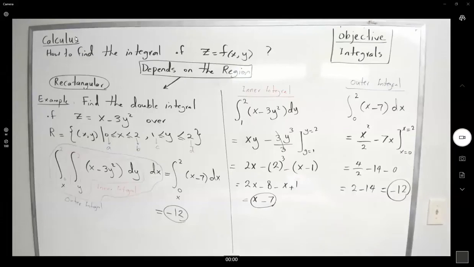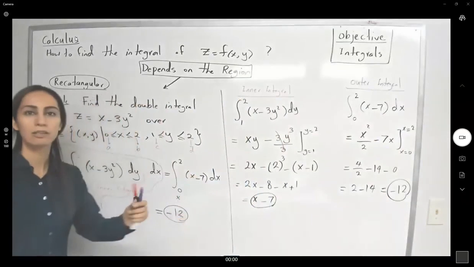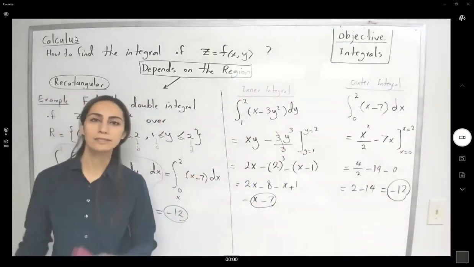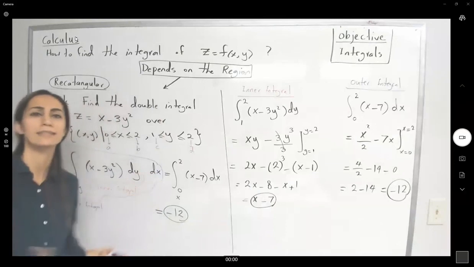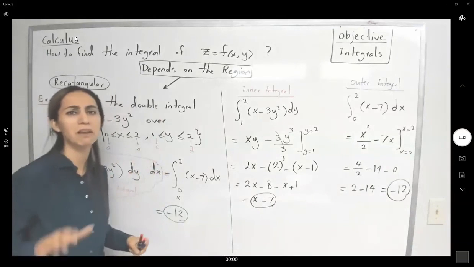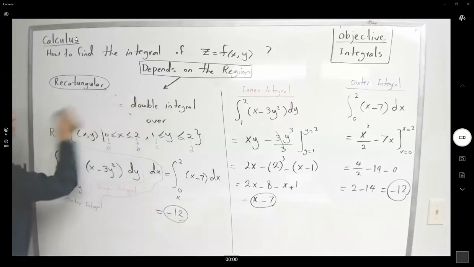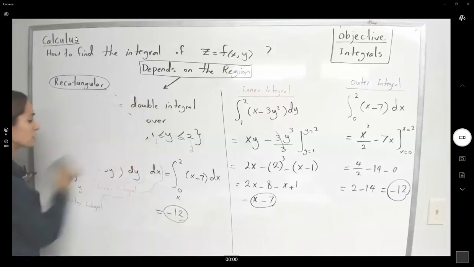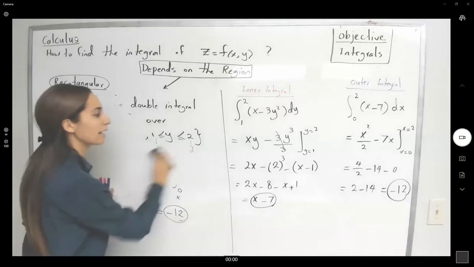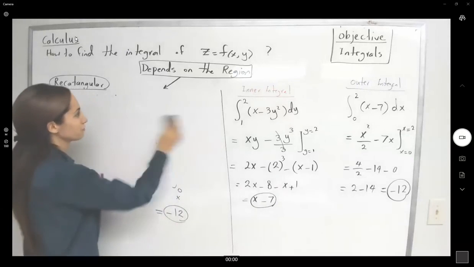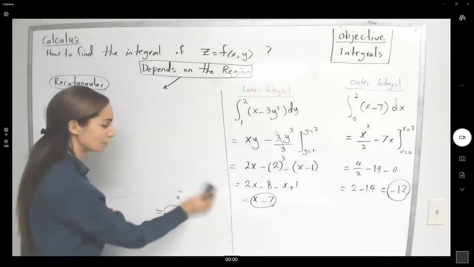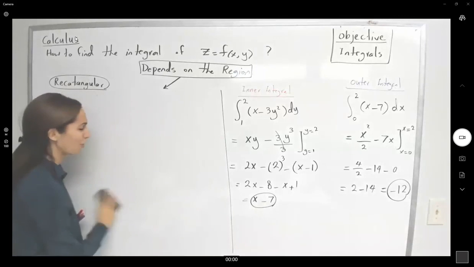So, if we have rectangular regions, it means that they're super lucky. Everything is easy about rectangular regions. You don't have to worry about anything. You saw that you can take the integral with respect to x, then with respect to y, and it gives you the exact same value. Again, remember that it's not always about finding the value.